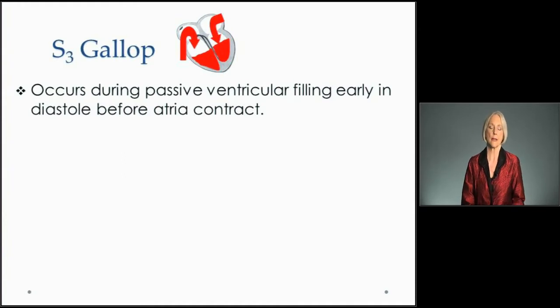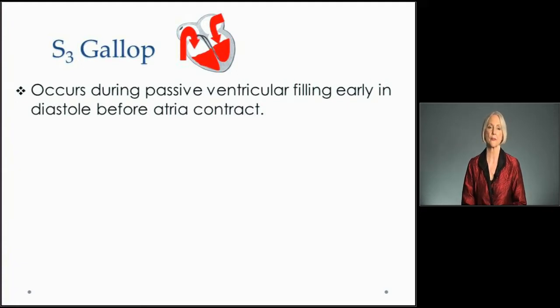So let's talk about an S3 gallop. And again, we're talking about your ability to pick up a significant new gallop, not that you're going to be diagnosing valve disease or anything like that, but that you can actually just pick up a new heart sound that can be clinically significant. So an S3 gallop is a third heart sound that's heard during the early part of ventricular filling.